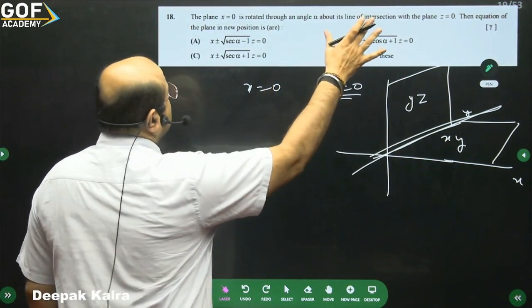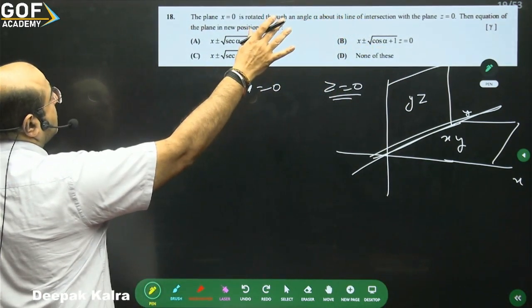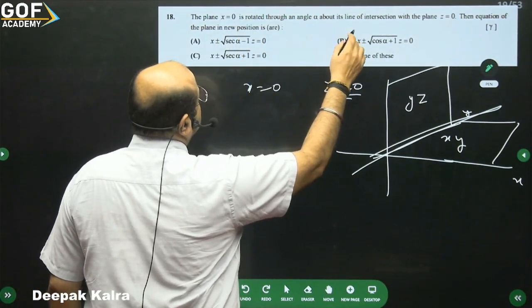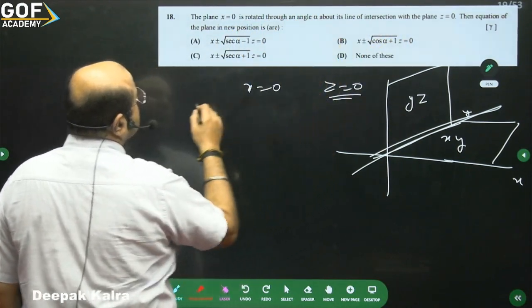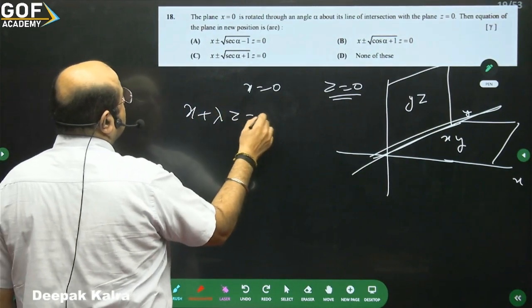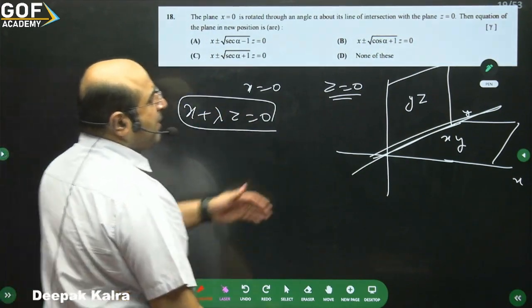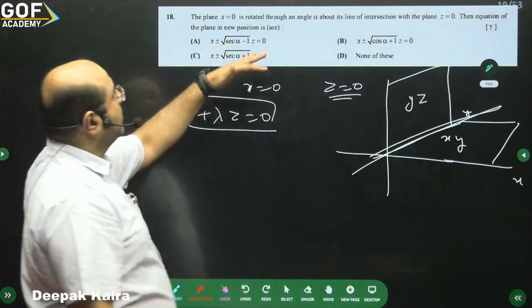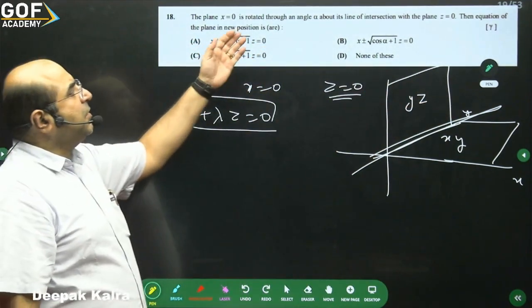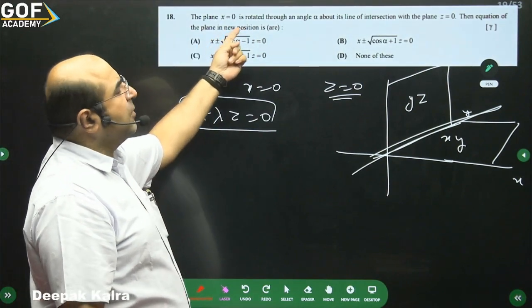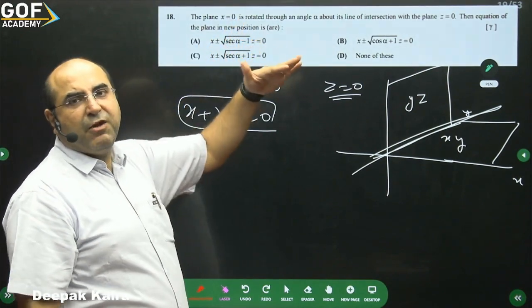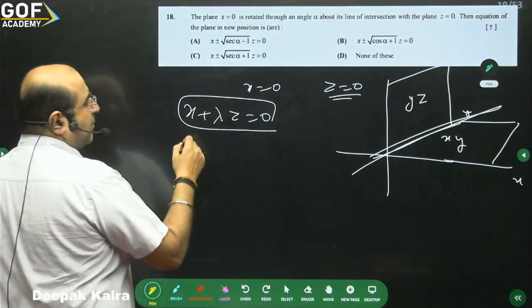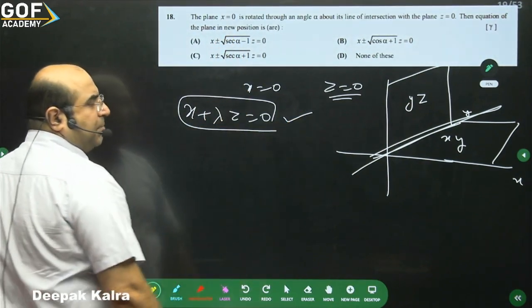So we will apply the family of planes concept. This is rotated with an angle of alpha about its line of intersection with this. So I can say that x plus lambda z equal to 0 is the family of planes passing through this line of intersection. So the equation of the new plane in the new position with an angle of alpha, you say that this plane has been formed.